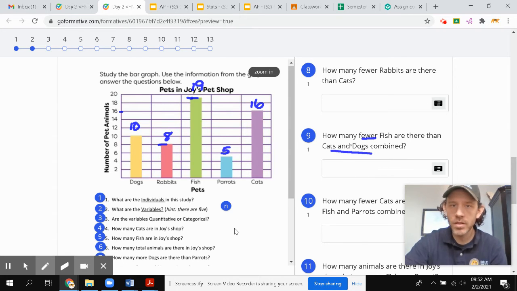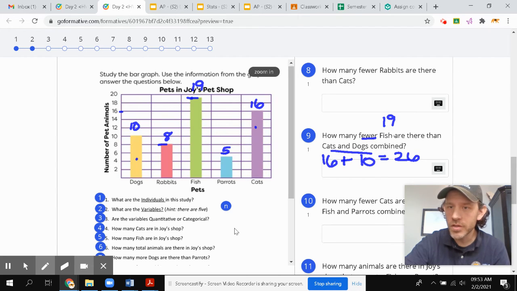Well, let's figure out these numbers, right? Fish are 19. You can see that. And cats and dogs combined, right? If I'm going to combine cats and dogs, cats is 16 plus the dogs, which is 10. That's a total of 26.